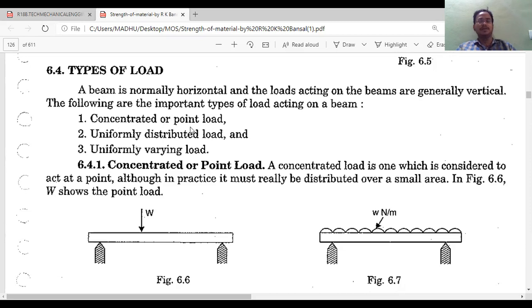Concentrated or point load, uniformly distributed load, uniformly varying load. We have three types: concentrated or point load, uniformly distributed load, or uniformly varying load. Or you may find a combination of point loads, uniformly distributed loads, or uniformly varying loads.